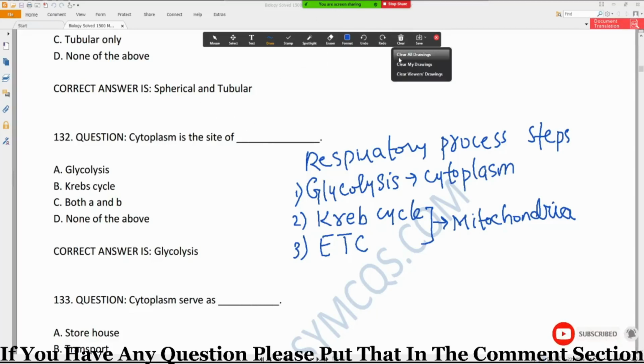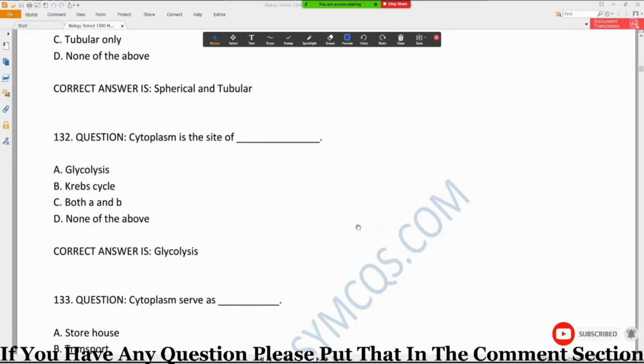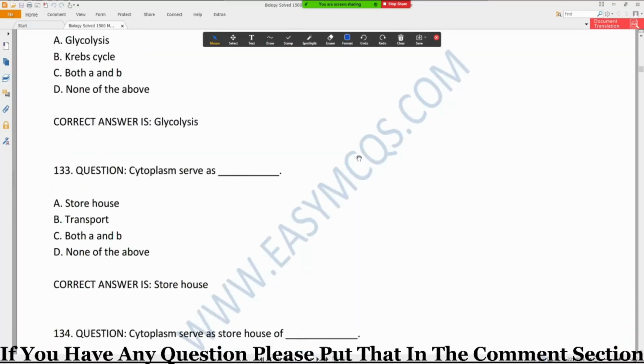Glycolysis occurs in cytoplasm. Okay, question number 133. Cytoplasm serves as what? Option A storehouse, option B transport, option C both A and B, and option D none of the above. So cytoplasm serves as a storehouse. Why is it called a storehouse?